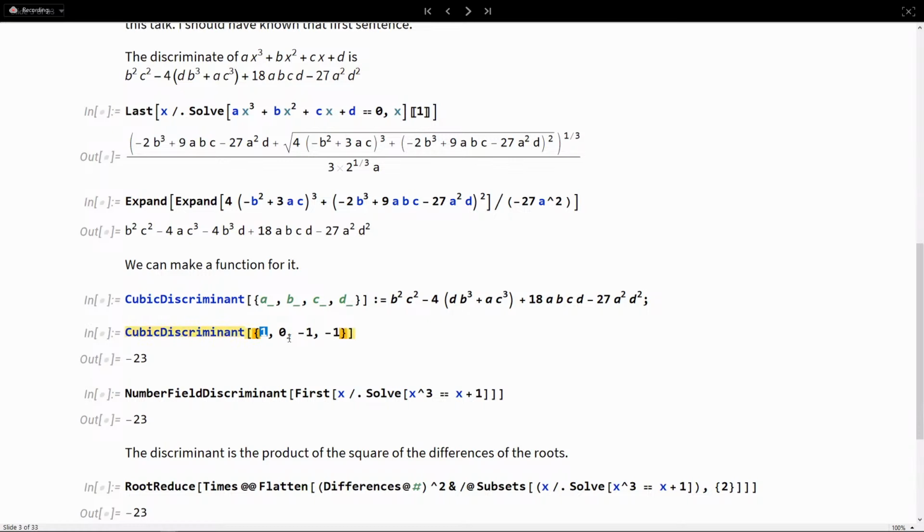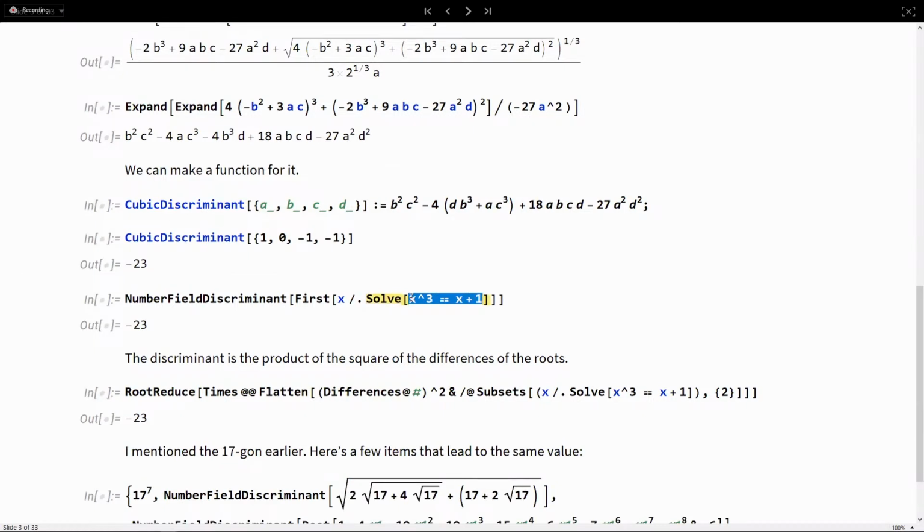So for x to the third minus x minus 1, the discriminant of the plastic constant, which is from this polynomial here, is minus 23. There's also a whole bunch of other polynomials that have the same discriminant as this one. There's an infinite number of polynomials that all have a root in the algebraic field of the plastic constant. Basically, whenever you see a polynomial, if you look at the discriminant, you can find out what number field you're in.